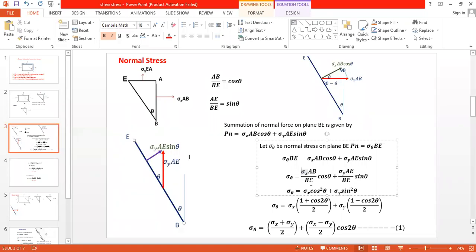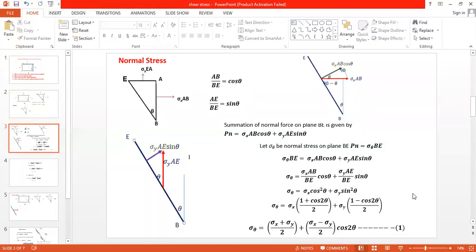Now AB by BE, in this figure, is cos theta, and AE by BE is sin theta. Therefore, here you put AB by BE equal to cos theta. Now sigma x into cos theta becomes sigma x cos square theta. Next, sigma y AE by BE is sin theta, so sigma y sin theta into sin theta becomes sigma y sin square theta.